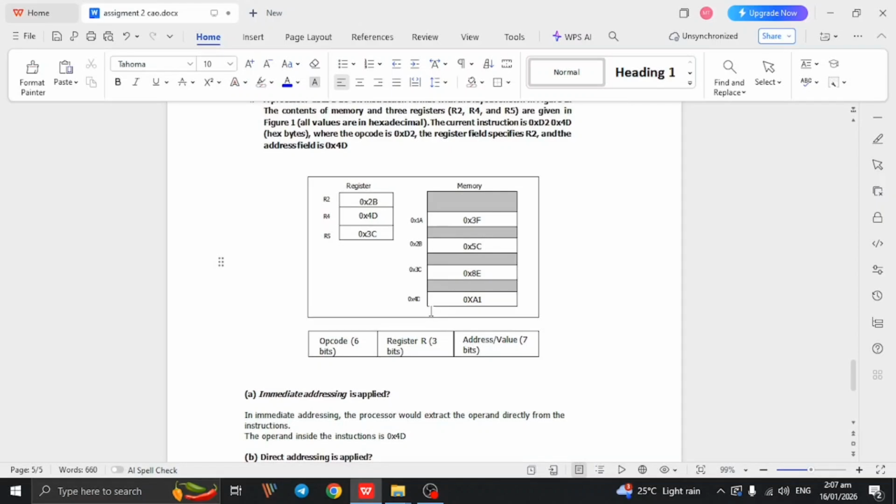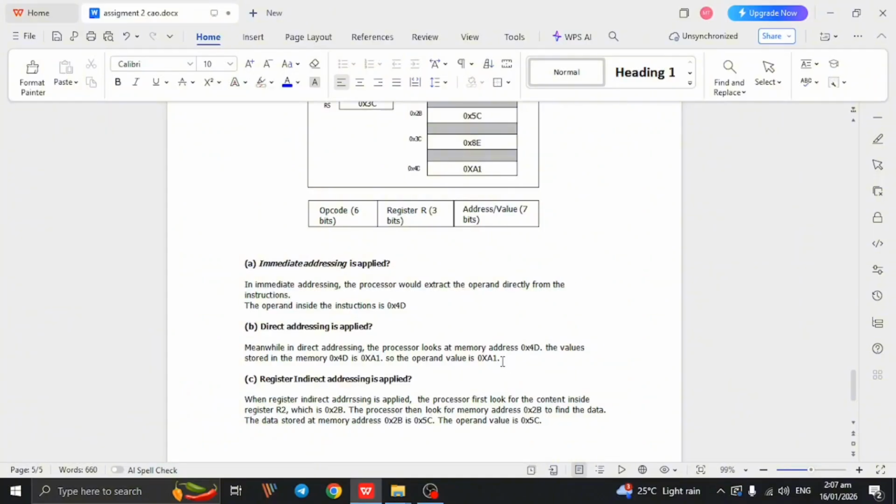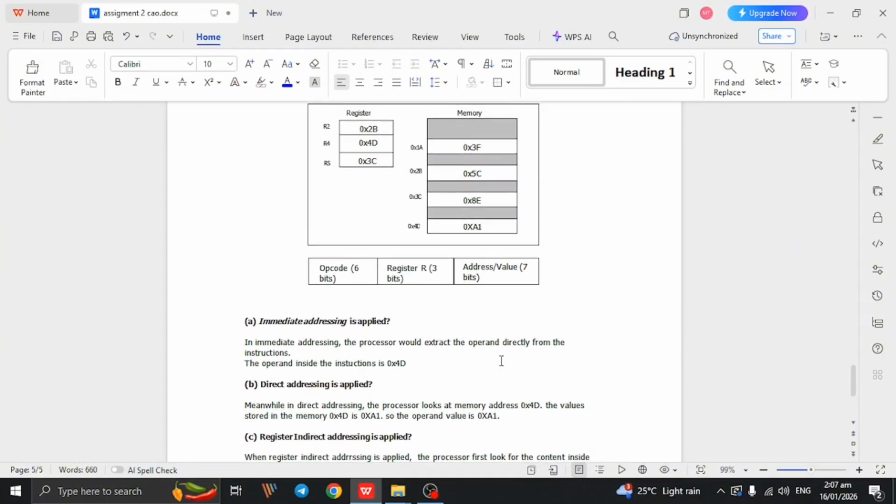From the figure, 0x4D is pointing at 0x1. So the operand value is 0x1 if direct addressing is applied.